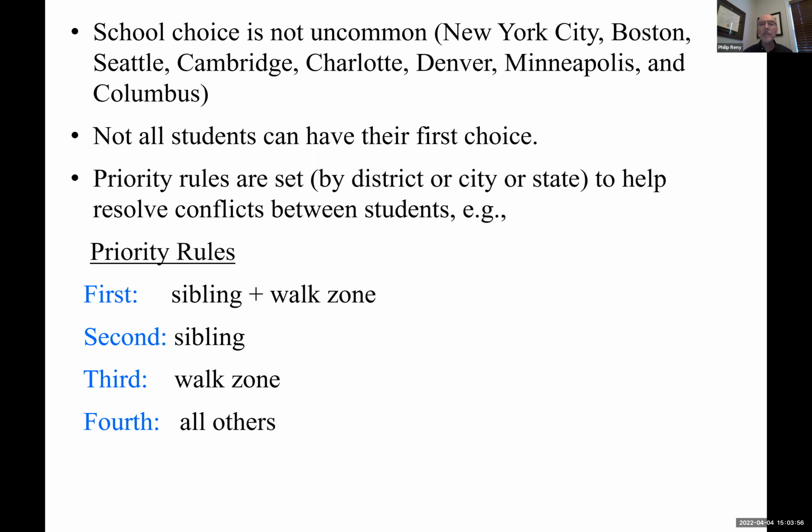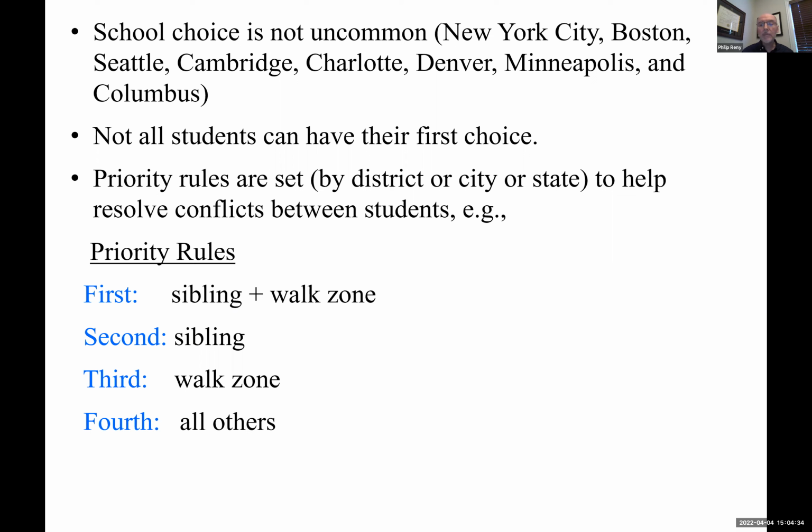Many large cities, public school districts within those cities use some method for matching students to schools, and the students are given the choice to go to a school that's not in the local area where they live. And these systems are centrally run, and students submit their preferences, that is, a ranking of the schools that they would like to attend, from most preferred to least preferred.